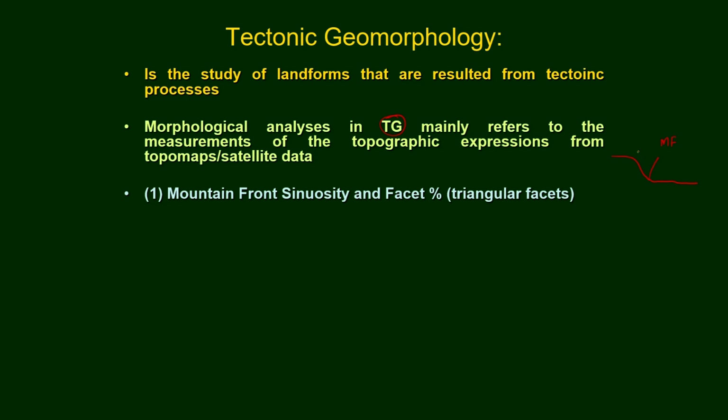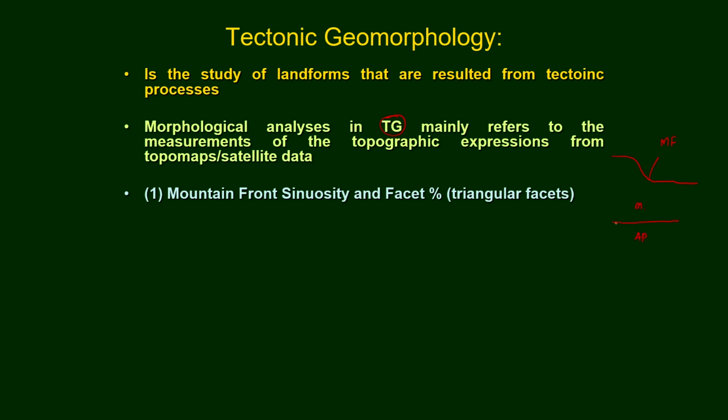Now, I am showing this in section, that is a cross section, but if you look at it in plan view, then you have this mountain front. This is like the alluvial plain, and these are the hills, or you can say mountains, over here.